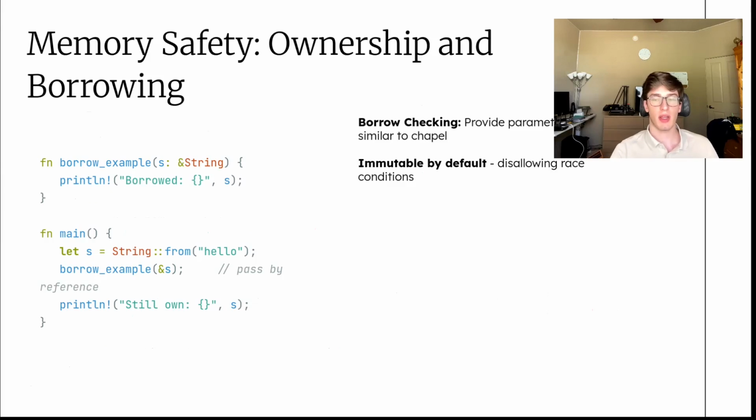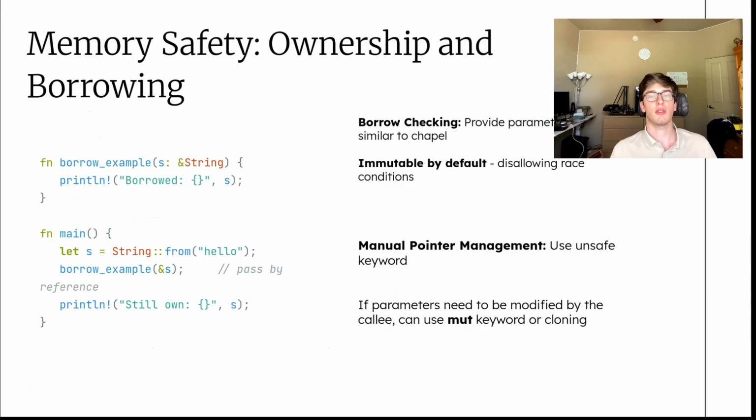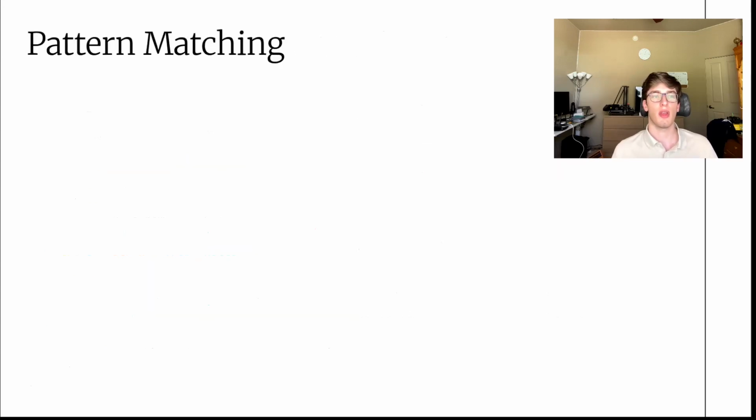And borrow checking allows us to specify parameter intents similar to Chapel, and will make sure that the reference is used in an appropriate way, which means that we don't have to manually free, and this makes the language much more safe. So there is manual pointer management, but you will have to use the unsafe keyword, and I won't really get into that since we didn't really want to use that for this project.